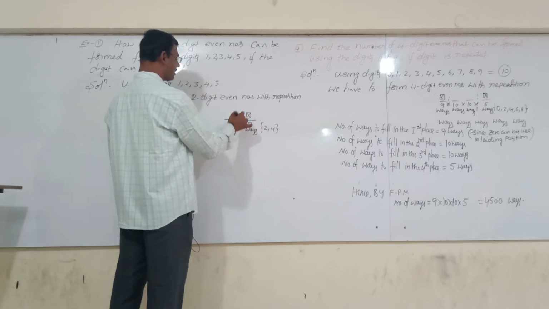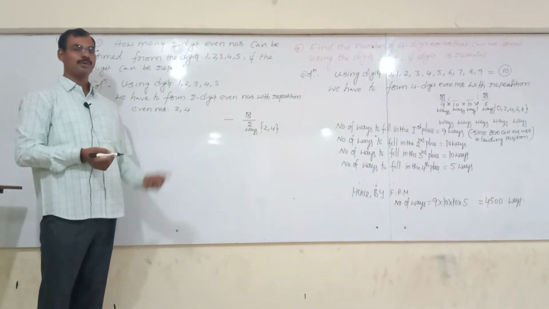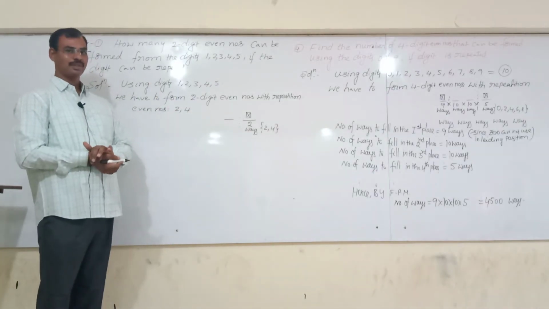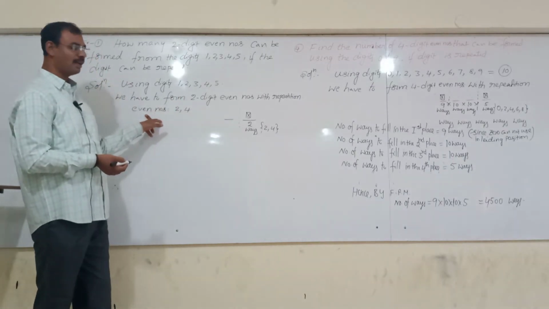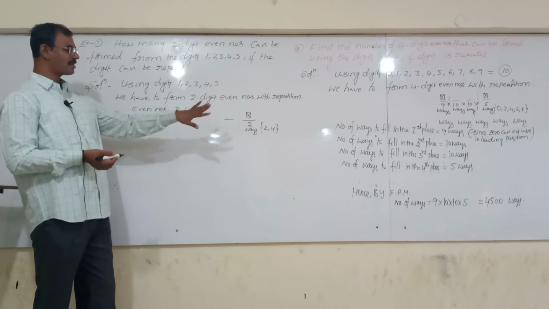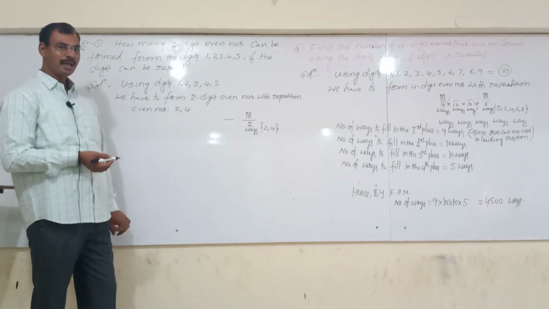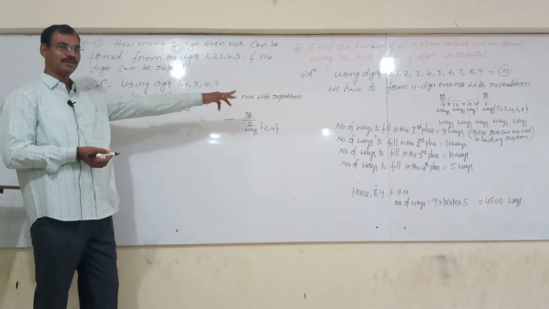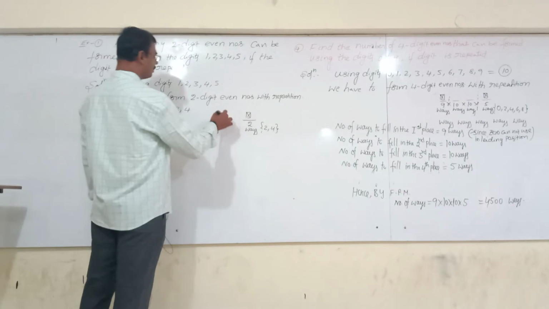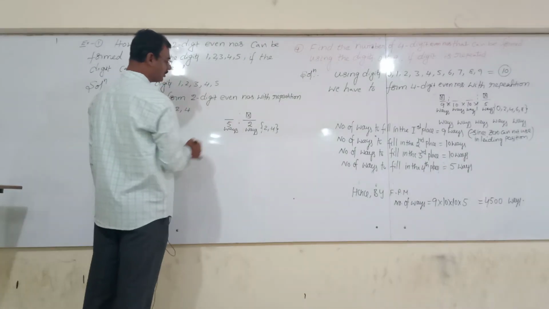Having satisfied this condition, how many positions are left? Only one position. One number has gone, but since repetition is allowed, I again have 5 digits. So the tens place can be filled in 5 ways.